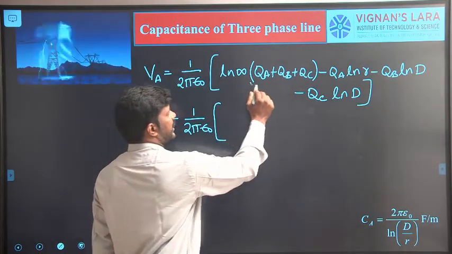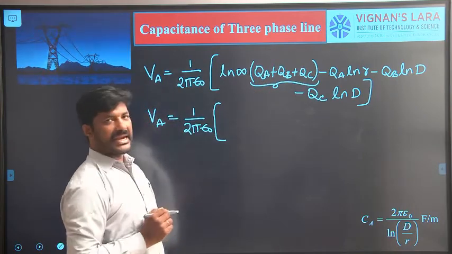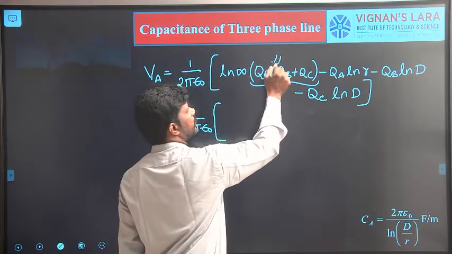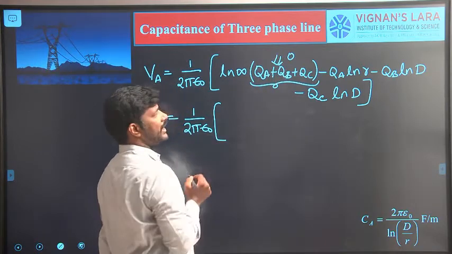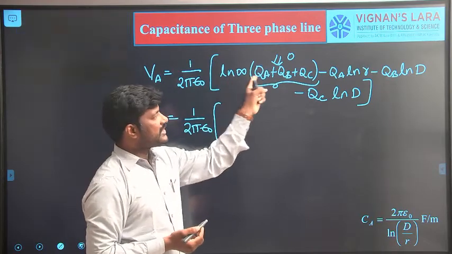Since we know that it is a balanced system, the sum of all the charges in those three conductors will be equal to 0. Whenever this part becomes 0, 0 multiplied by ln of infinity, 0 into anything is 0, so the first term will be cancelled.